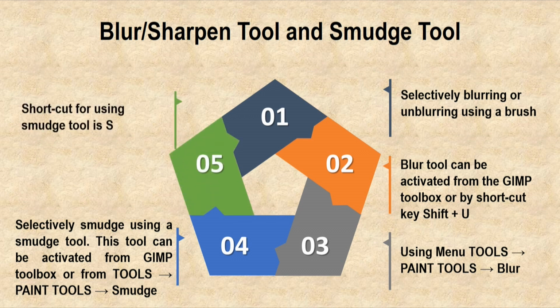The shortcut for using the smudge tool is simple capital S. So we need to know that there are several ways through which we can first of all start using a tool, either from the GIMP toolbox directly or by making use of keyboard shortcut key, or we can also start using the tool from the tools menu and then the paint tools option.